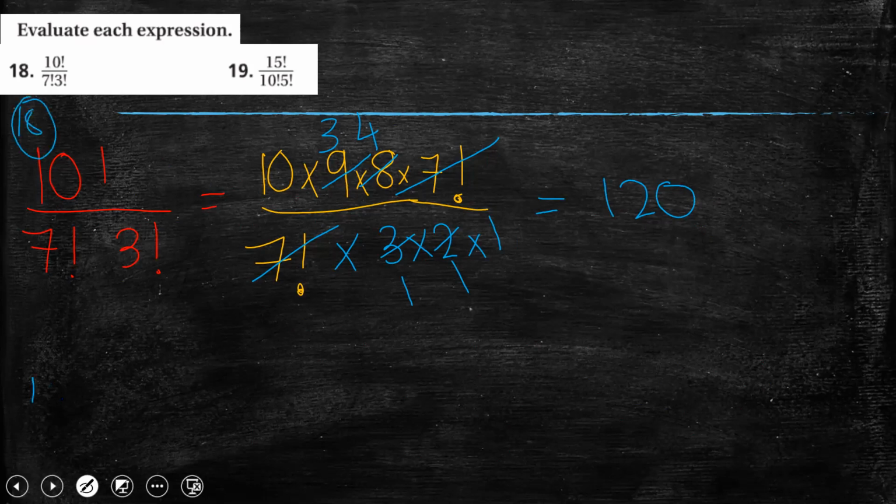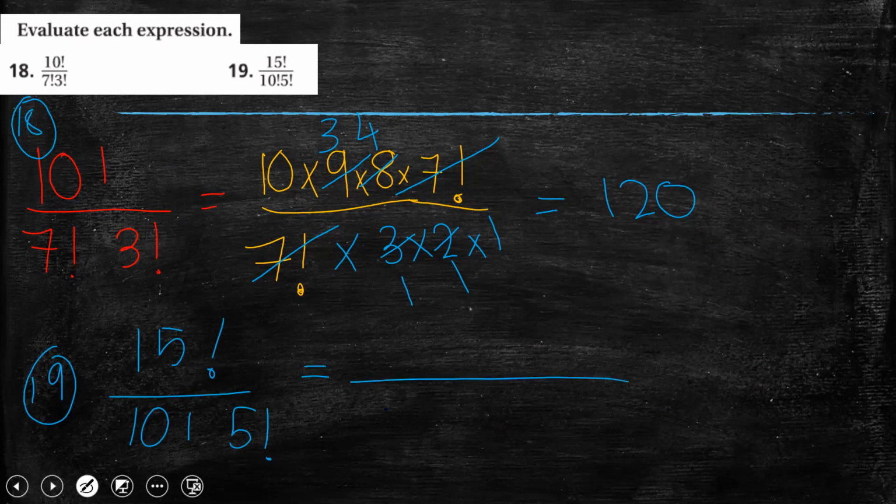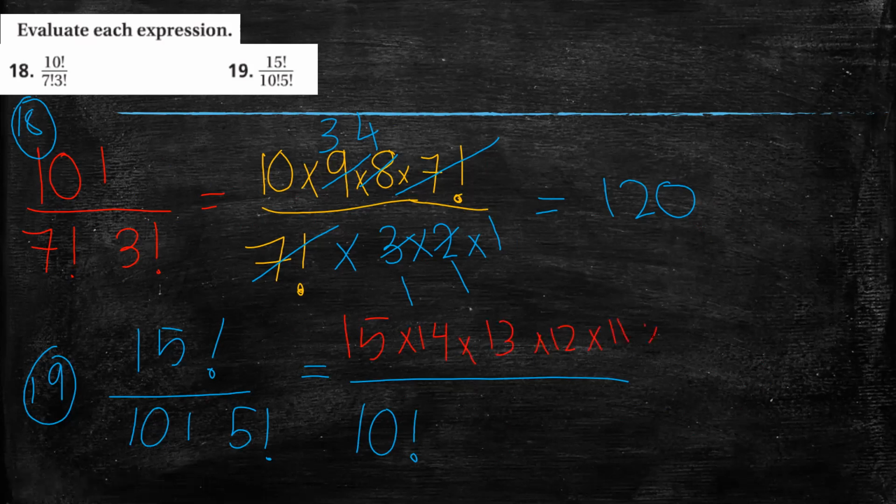Let's choose now number 19: 15 factorial over 5 factorial times 10 factorial. Here I have 10 factorial down, so I will stop at 10 factorial. 15 times 14 times 13 times 12 times 11 times 10 factorial.